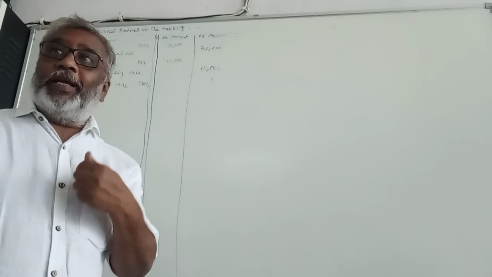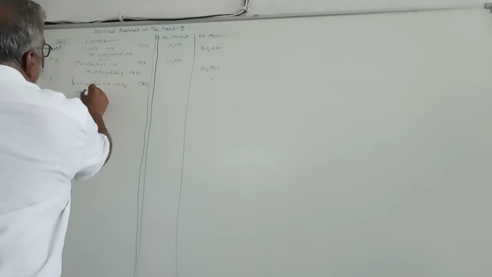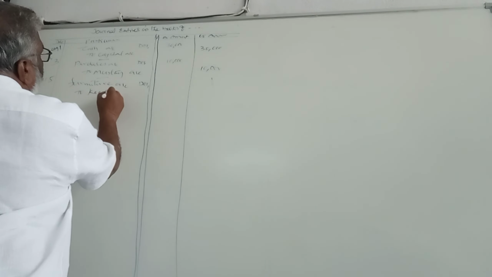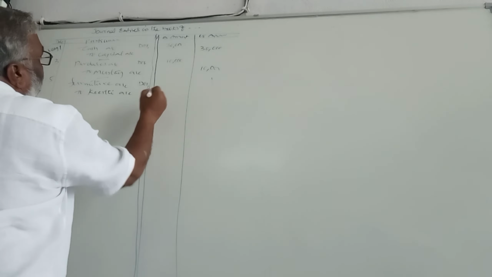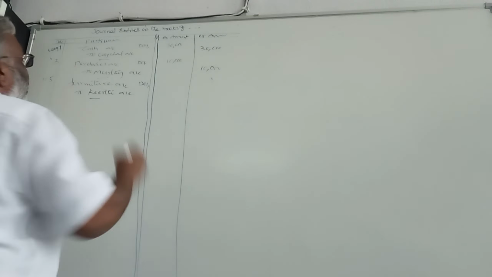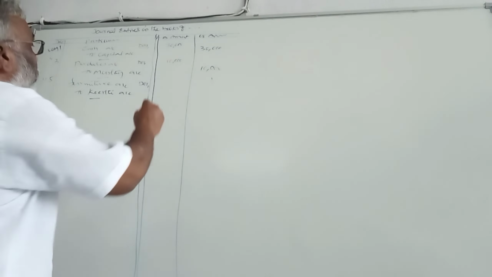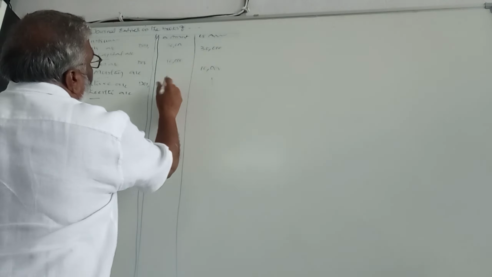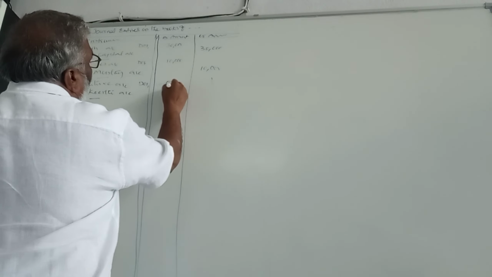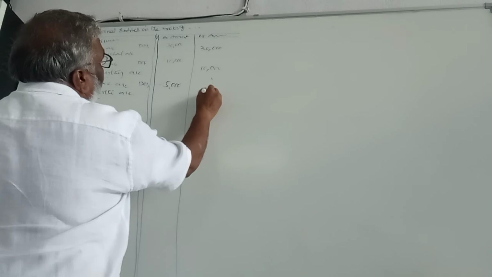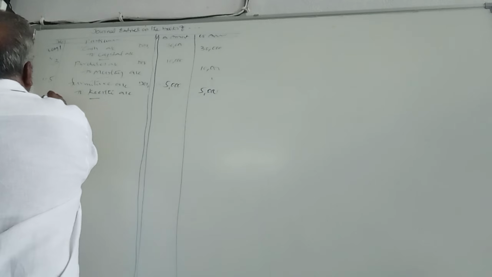Kirti. This is a credit transaction. We purchased furniture from Kirti. What is the amount? 5,000.